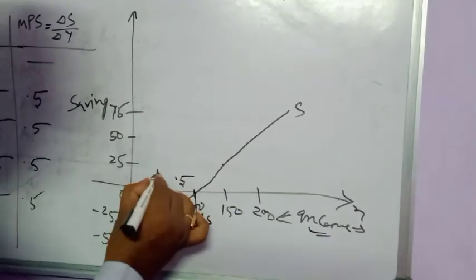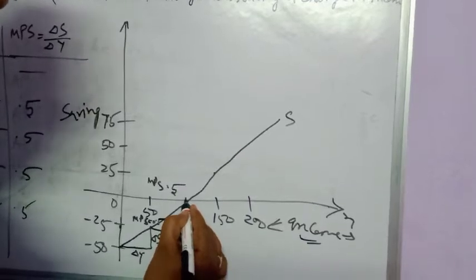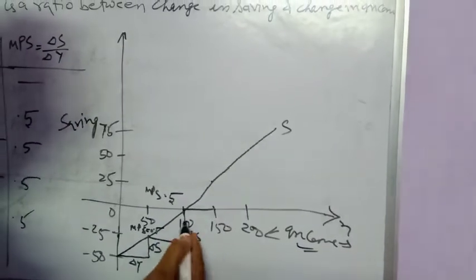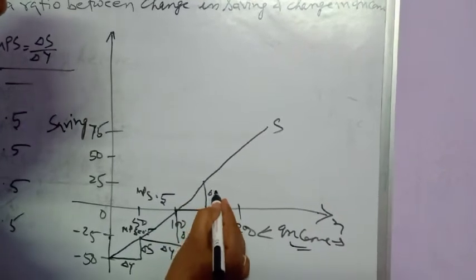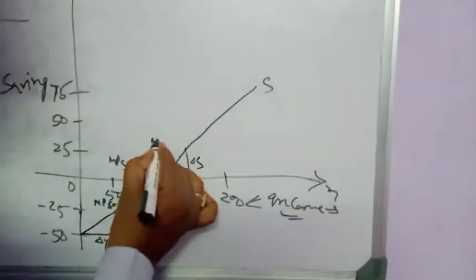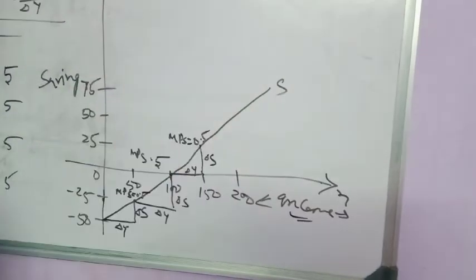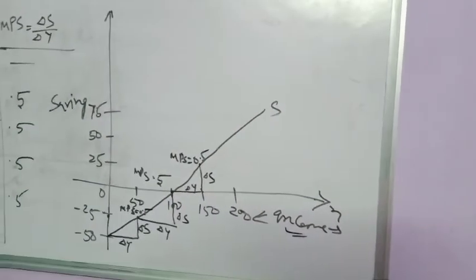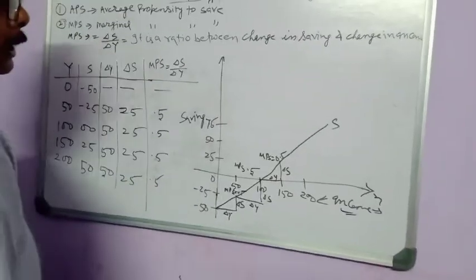This is the value of MPS. Suppose now income changes from 100 to 150 and the saving changes, that is delta S, this is delta Y. So again here the MPS is equal to 0.5. So in this way we can calculate the MPS through the diagrams.